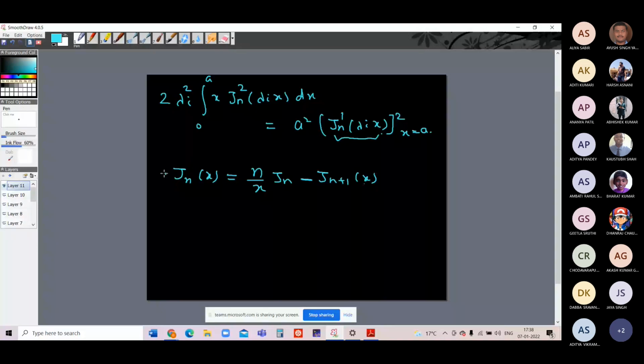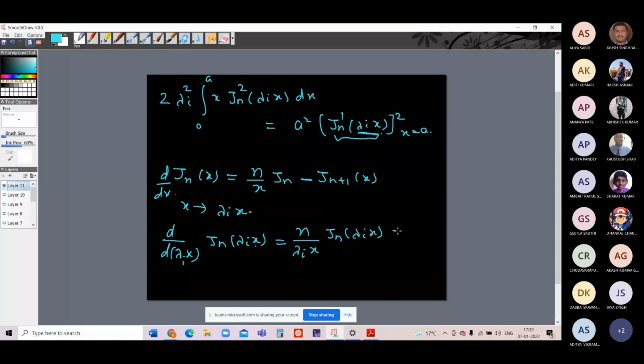Now we have to find the relation for the function lambda i x. In place of x, we replace x by lambda i x. So this will give d of Jn lambda i x with respect to lambda i x is n by lambda i x Jn lambda i x minus Jn plus 1 lambda i x.